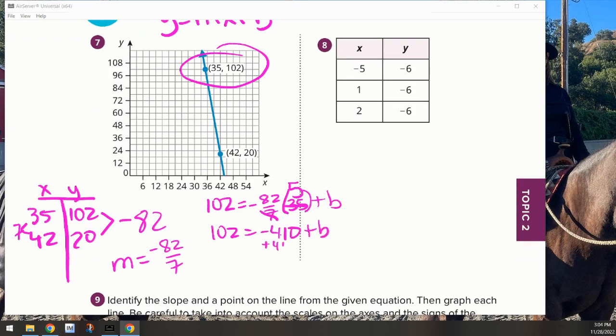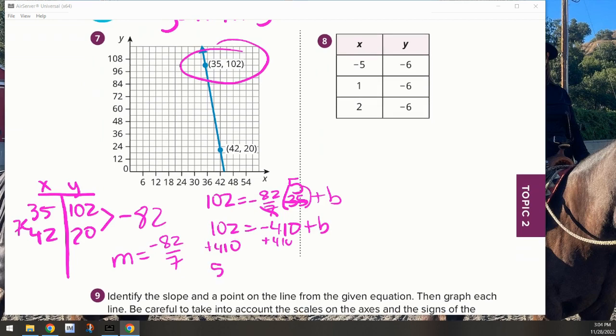So I add the 410 to both sides, and I get 512 is equal to b. So my equation here would be negative 82 over 7x plus 512.